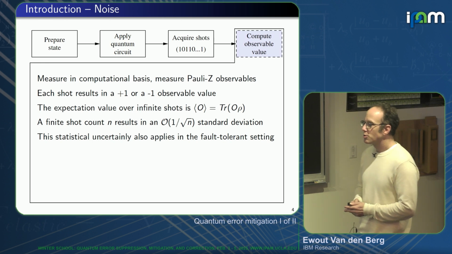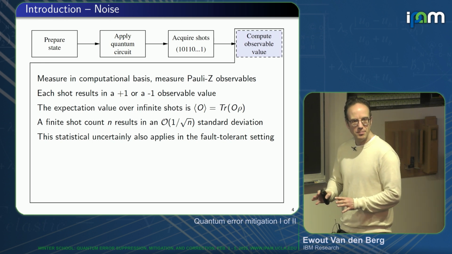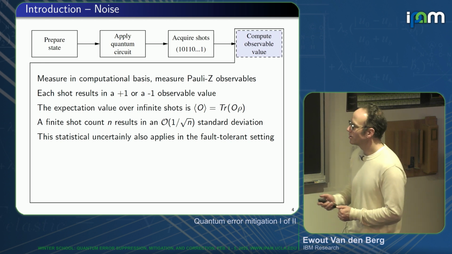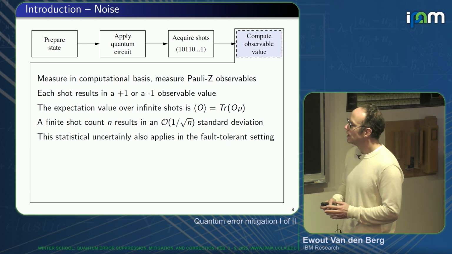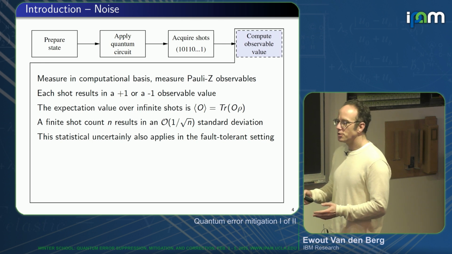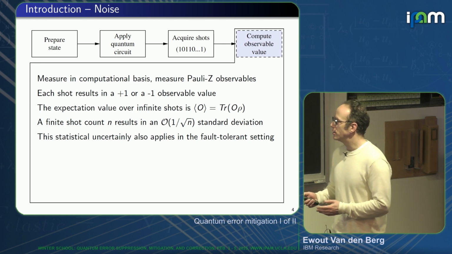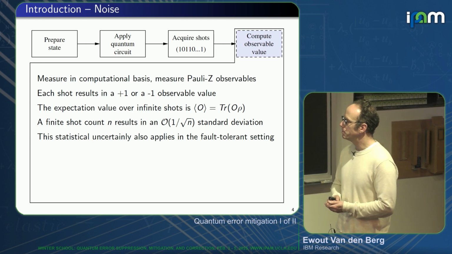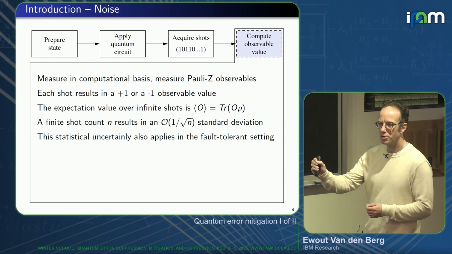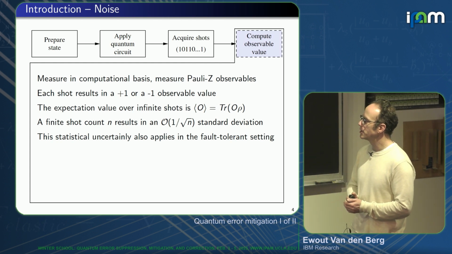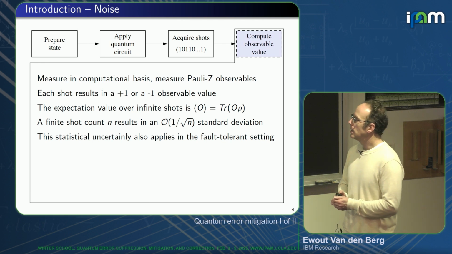So then the last source of noise, which is not really noise or to do with mitigation, is that we usually measure in the computational basis, so you measure Pauli Z observable. And that means that if you do a single shot, you get a plus or minus 1 observable value.